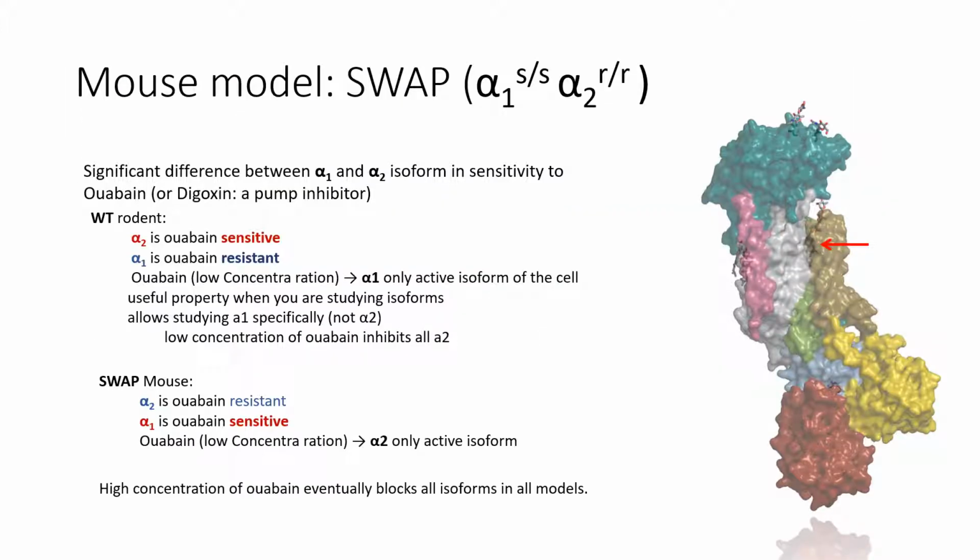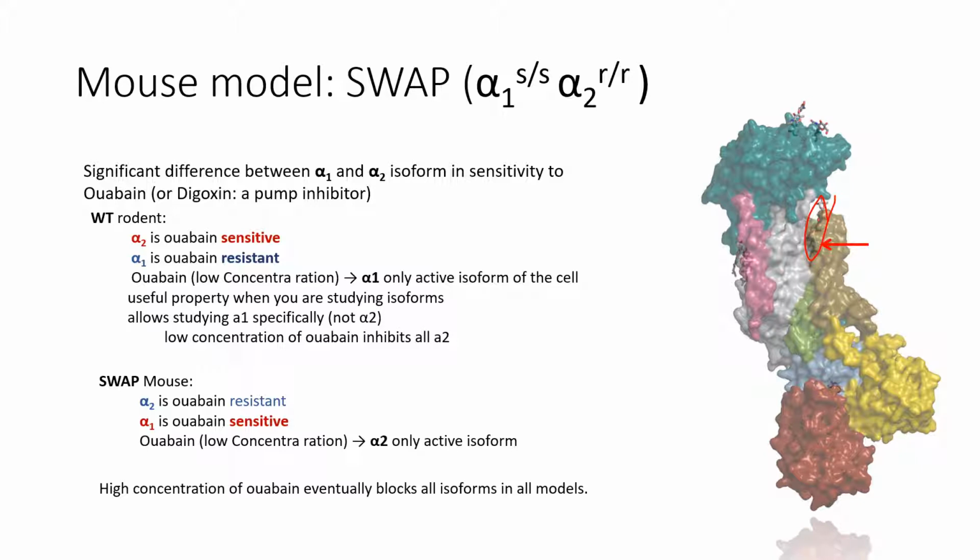So what is the swap? One significant difference between alpha-1 and alpha-2 isoforms is their sensitivity to ouabain or digoxin, which are specific pump inhibitors. Alpha-2 is ouabain sensitive in wild-type rodents, and alpha-1 is ouabain resistant.